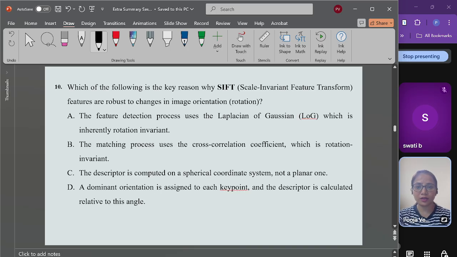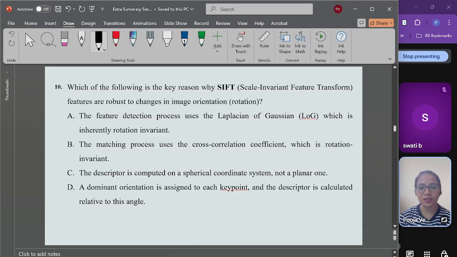Moving to our next question now. Which of the following is the key reason why SIFT, that is scale invariant feature transform, features are robust to changes in image orientation, that is rotation? Option A: the feature detection process uses the Laplacian of Gaussian, LoG, which is inherently rotation invariant. Option B: the matching process uses the cross correlation coefficient, which is rotation invariant.